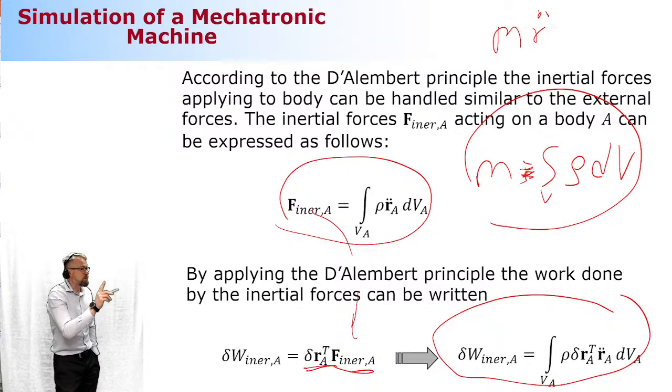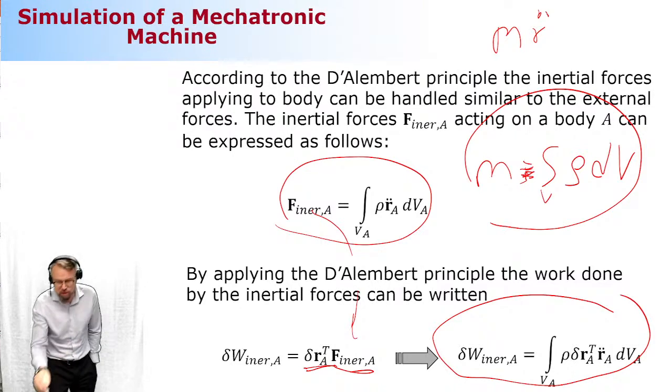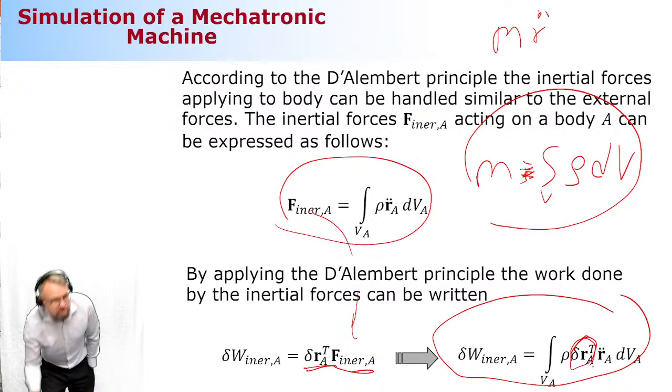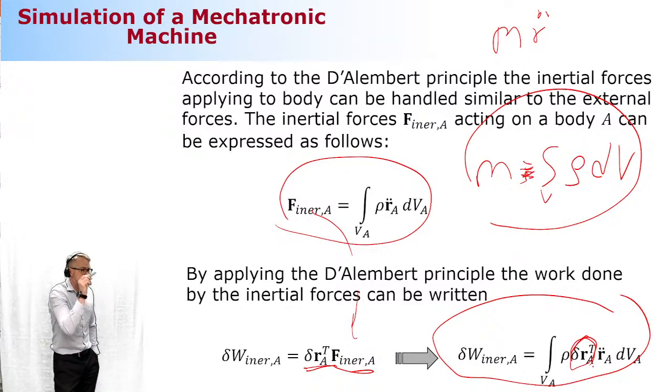And the virtual displacement, very important for you to understand, is expressed using global coordinates, because delta r consists of two components. I'm not happy about that.